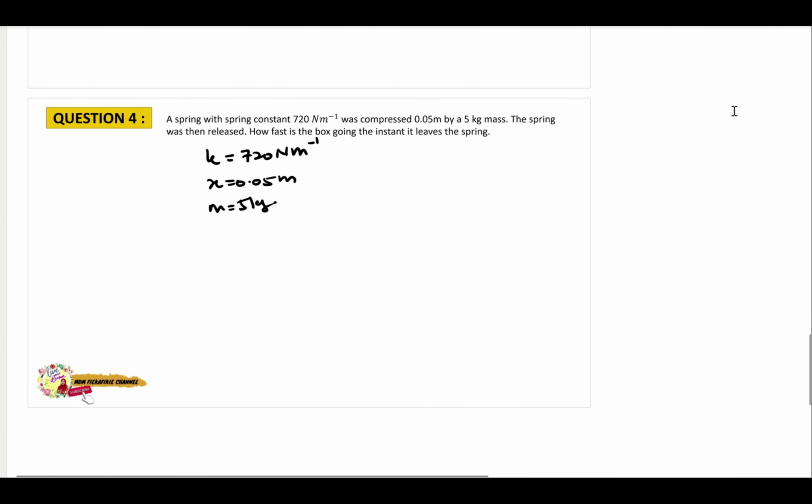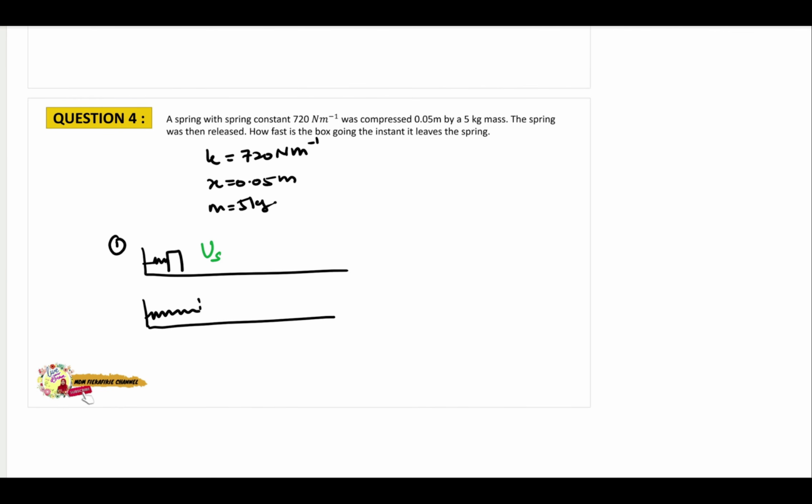Okay, so in this case, I would like to sketch here the first one. So let's say ini dia compress lah. Ini dia compress. Okay, maknanya masa compress pada gambar yang pertama. So here we have US. And then when the box is released, okay, maknanya dia dah release lah, means that they start to move in this direction, dah ada V dia, okay.